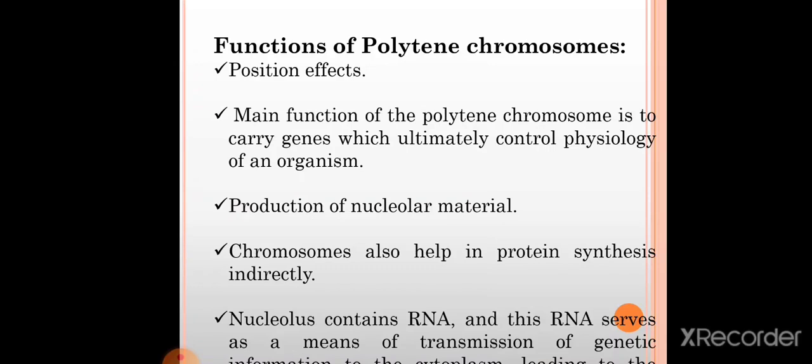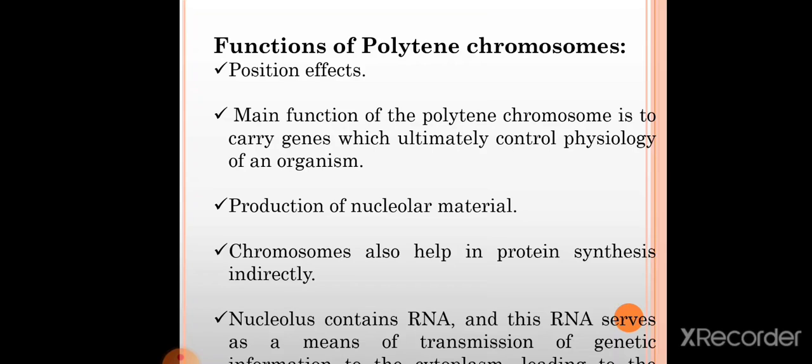Now, what are the functions of these polytene chromosomes? The main function of the polytene chromosomes is to carry genes which ultimately control the physiology of an organism, and these genes are formed of DNA molecules.